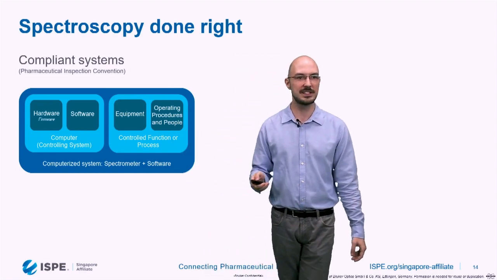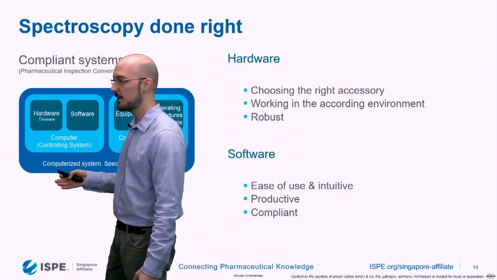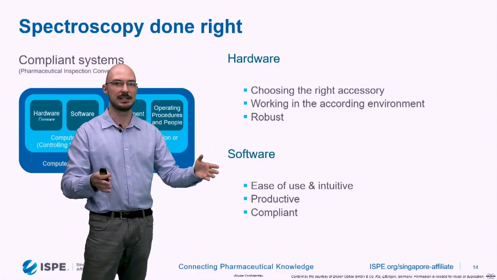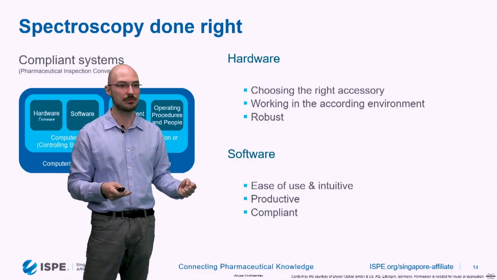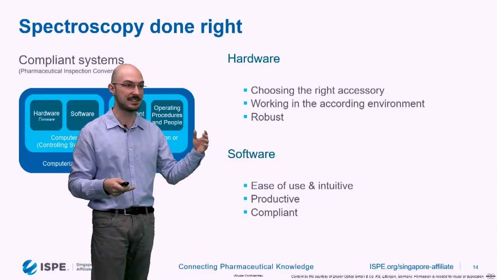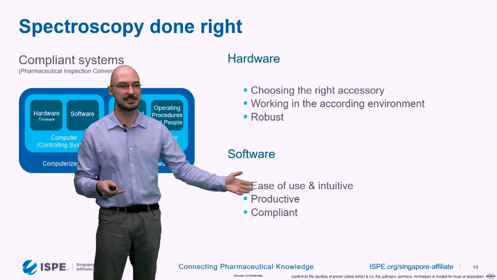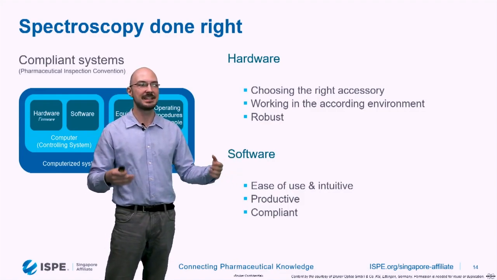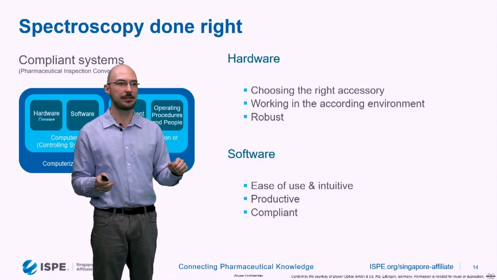And for this, we want not only, as I said, a software which is compliant and productive in a way that when you receive your spectra, you can easily continue with your workflow, like having it signed according to CFR 21 Part 11, which is also part of the compliance of the software, but also really make it easy in your daily work, so you don't have to worry about anything.